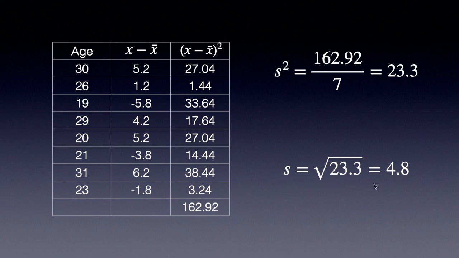So what this tells me is the average distance that the data lies from its mean. The variance tells me the average squared distance that the data lies from the mean. The standard deviation tells me the average distance that the data lies from its mean.